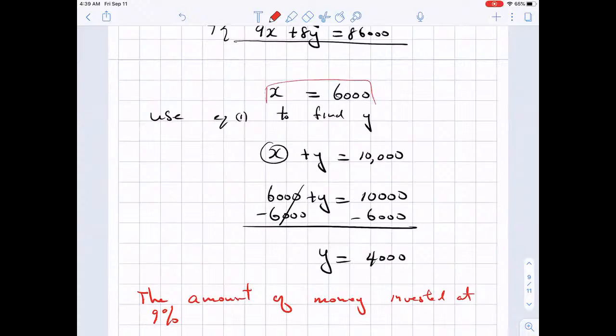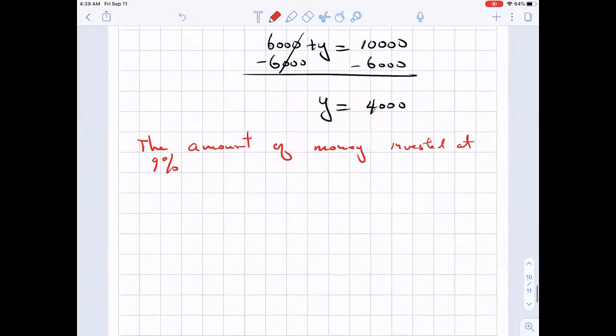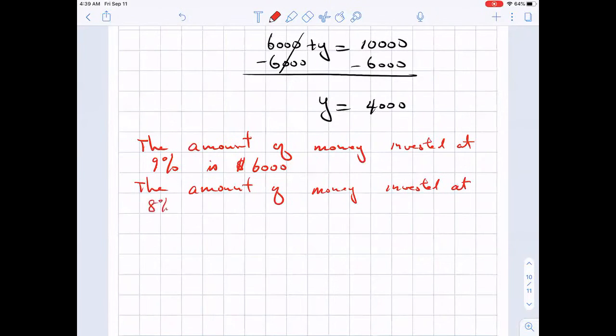You obtained X to be 6,000. So the amount of money invested at 9% is $6,000. And the amount of money invested at 8% is $4,000.